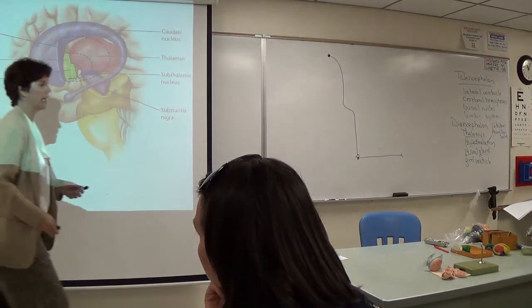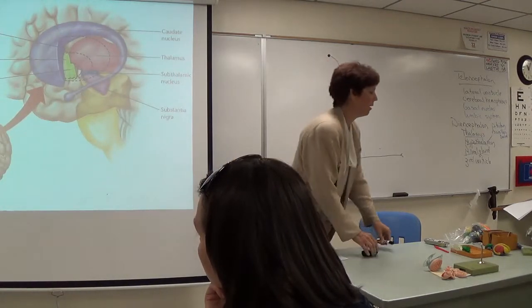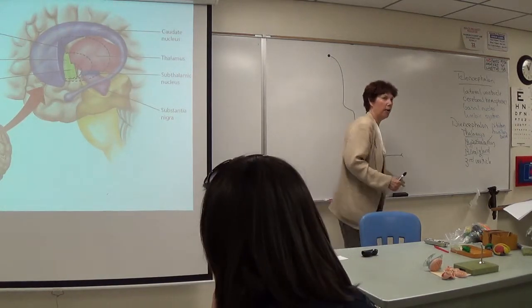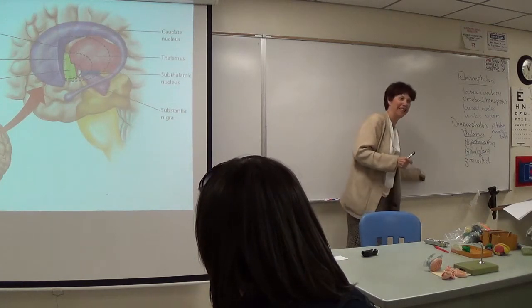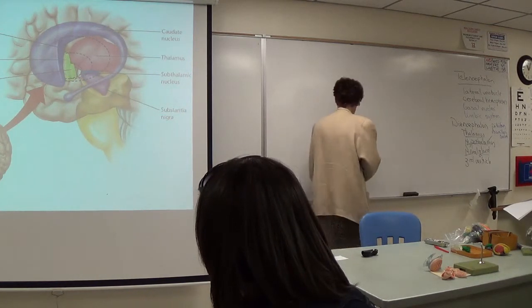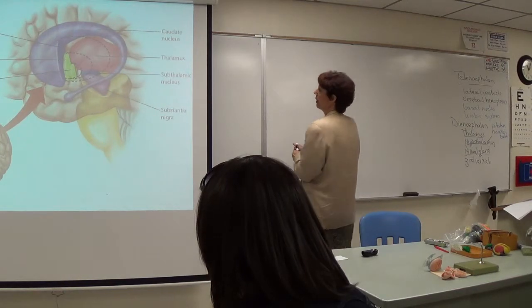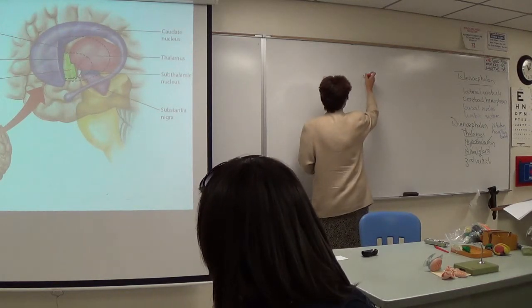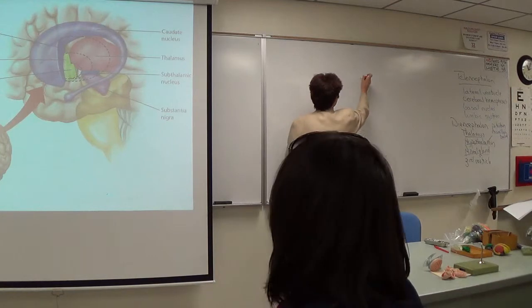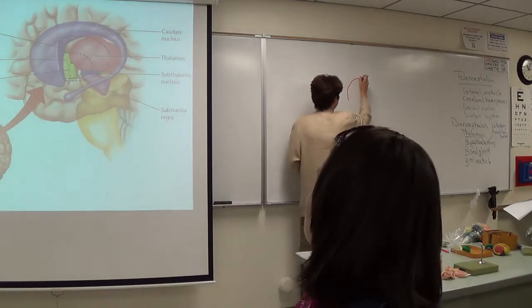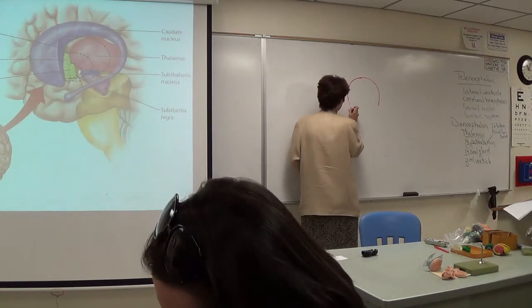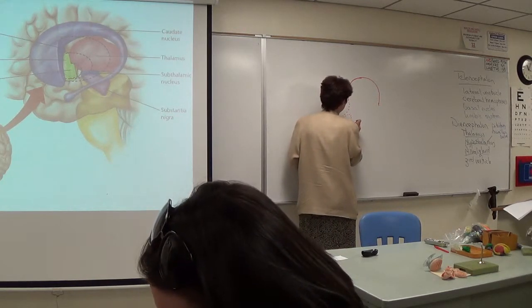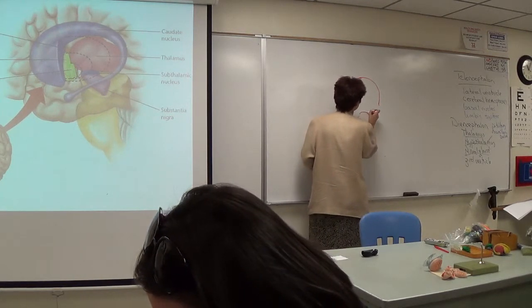So let's take a look at how this fits in with what you're becoming familiar with, though you may not know it until next week. And keeping our colors correctly here. So the most medial structure is going to be our thalamus. Okay? And the hypothalamus will be coming in like this.